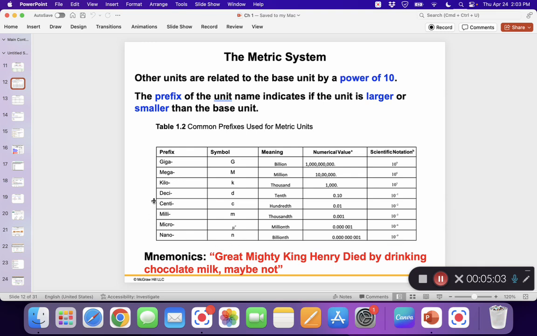You can learn all these metric units and convert from one unit to another if we know this mnemonic, where the first letters of the words stand for the prefix symbols. Great mighty King Henry died by drinking chocolate milk, maybe not, will be like giga, mega, kilo, hecto, deca.